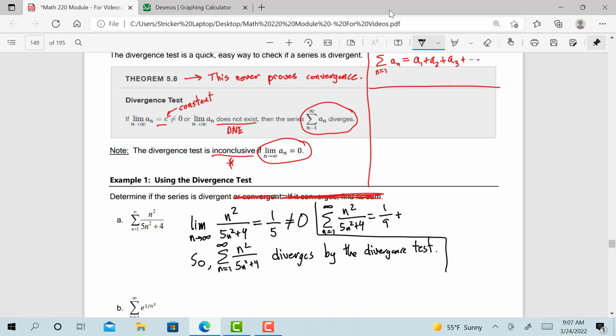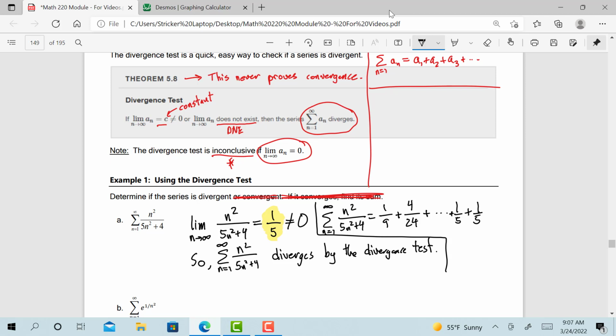Next term is 2 squared, which is 4, over 24, plus, and we keep going, and eventually, because all the terms in the sequence are approaching what? All the terms in the sequence are approaching 1/5, right? Since all the terms in the sequence are approaching 1/5, eventually, we just keep adding 1/5 every time.